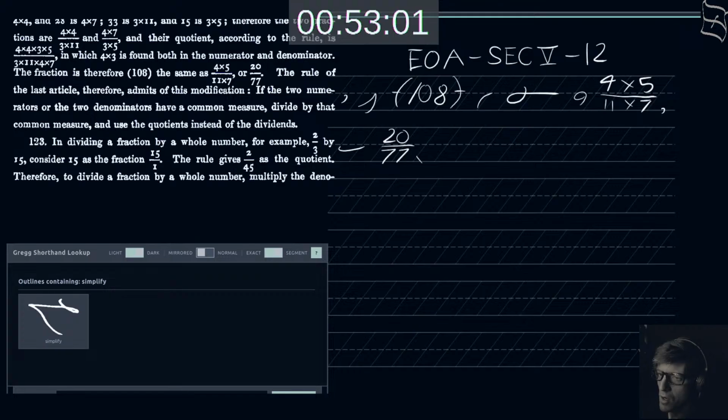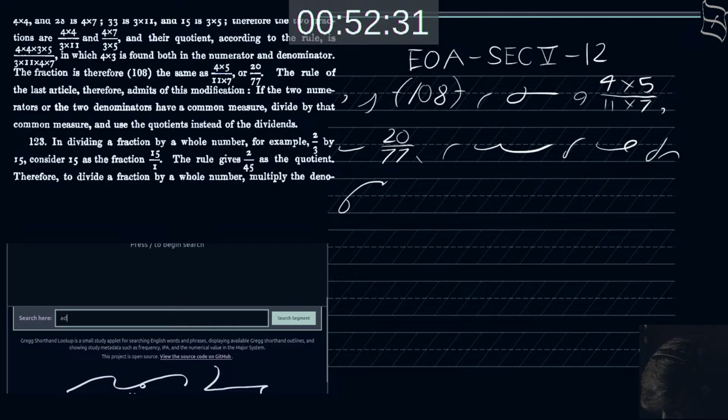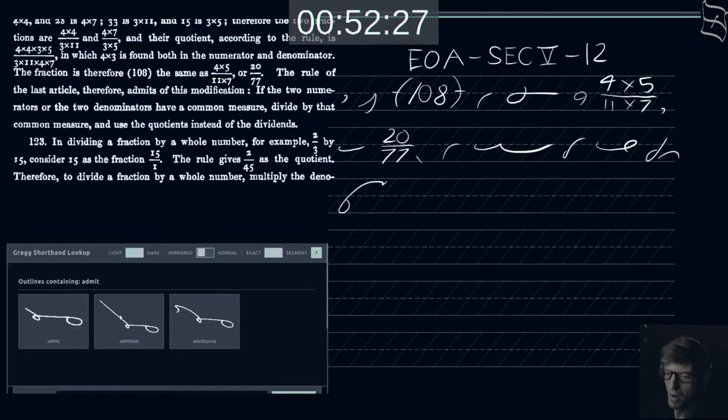The rule of the last article, therefore, admits of this modification. Isn't that just A-M-I-T-S for admit? No, it is A-M, just not the AD stroke.